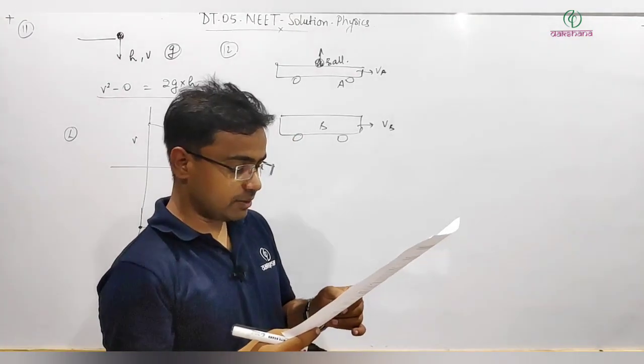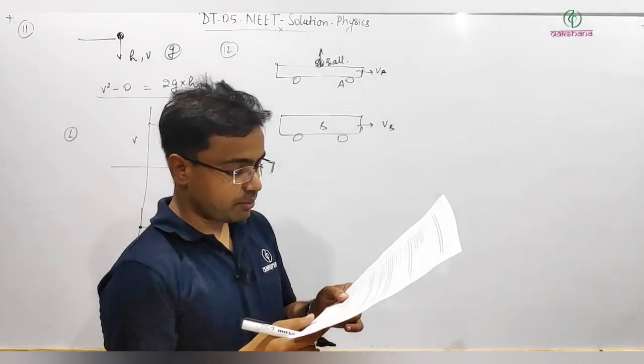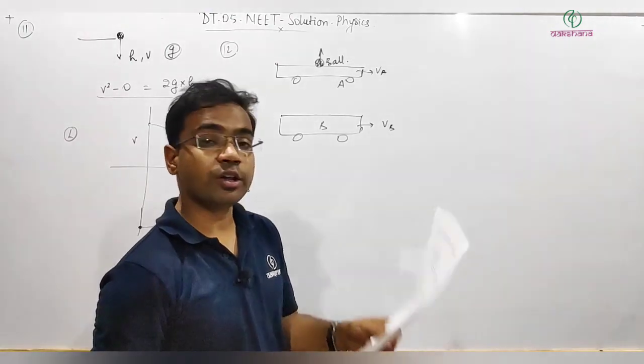From this train A, the path of the ball is a parabola for an observer standing on the ground.